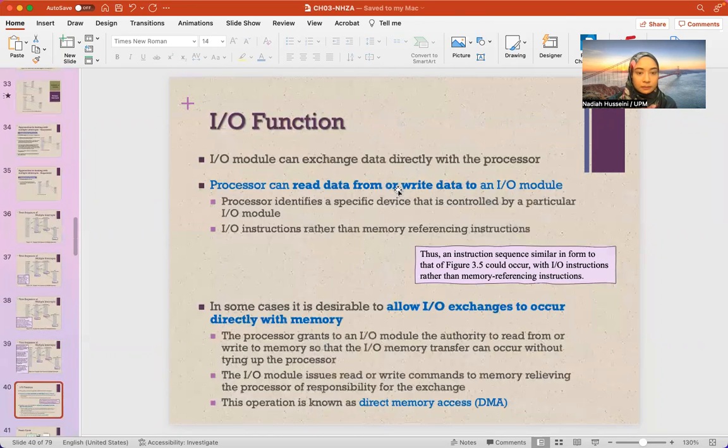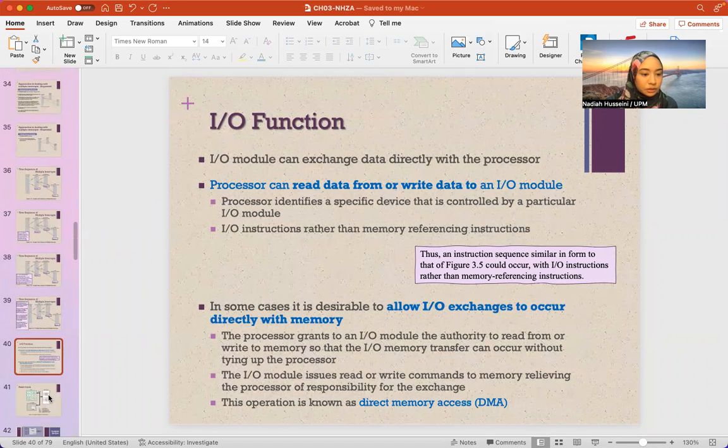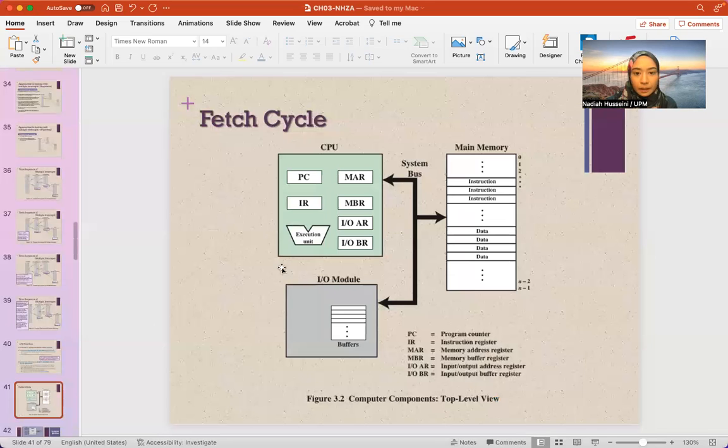Okay, and then we talked about the I/O function. Previously, we were talking about how the CPU exchanges data, reads and writes, with the memory. And we also know that the processor does this with the I/O devices. This is the I/O function or I/O modules. So this was what we talked about yesterday. And this is the top level view.